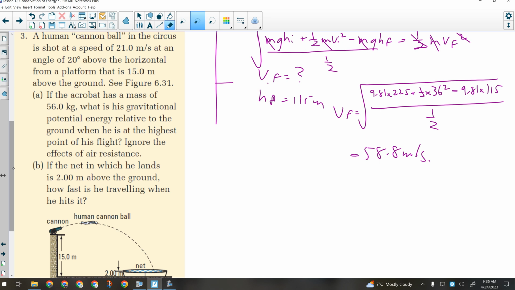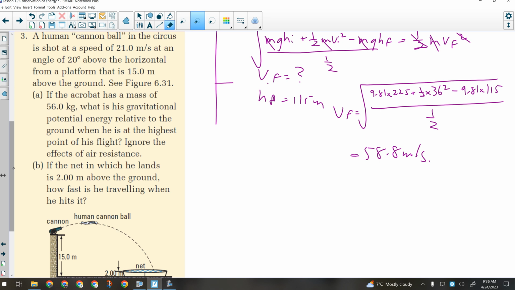We use speed, not velocity. Why? Well, there's horizontal and vertical components, but does my direction make any difference for the kinetic energy? It doesn't. Kinetic energy is only dependent on how fast I am going, not which direction I am going.